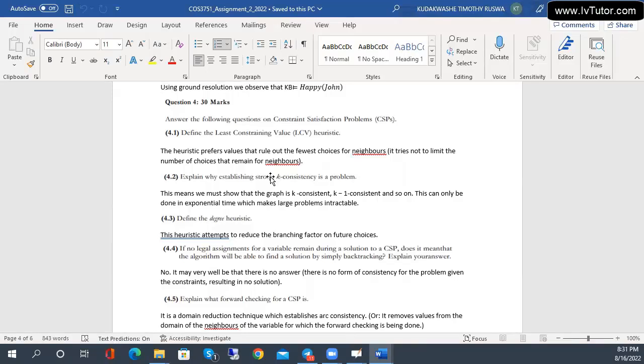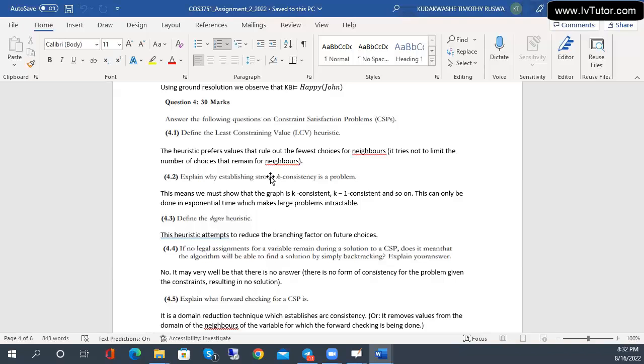If we look at K consistency, we have been dealing with search trees that can go to a lot of nodes. Like the chess problem: how many opening moves are available for chess?